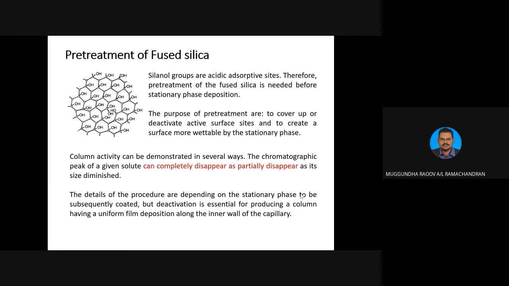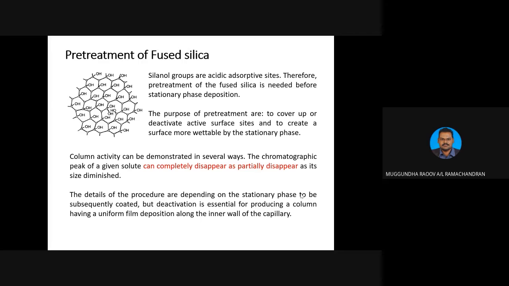Therefore, pre-treatment of fused silica is needed before stationary phase deposition. The purpose of the pre-treatment is to cover up or deactivate the active surface sites and to create a surface more wettable by the stationary phase.